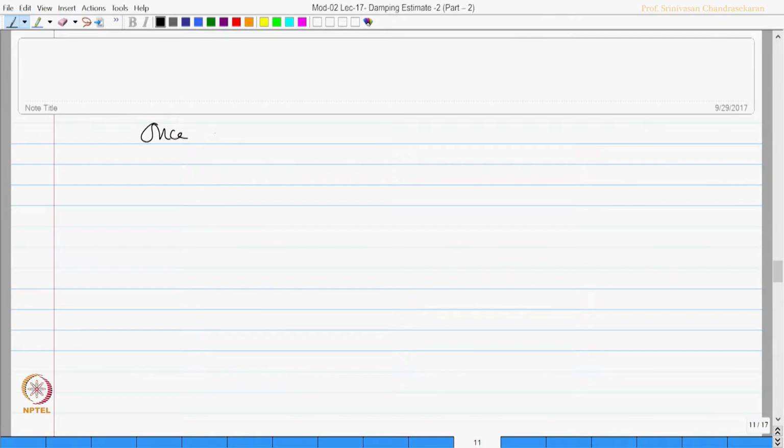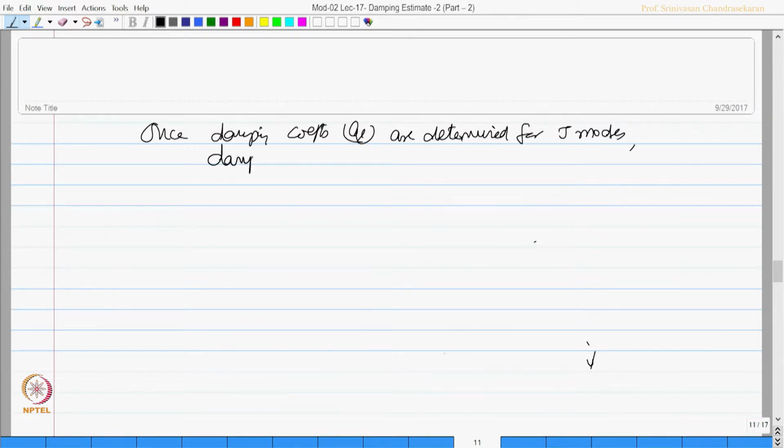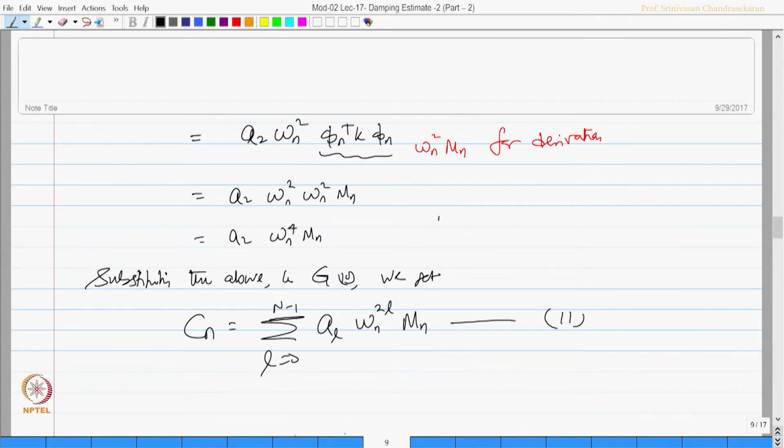Once the damping coefficients A L are determined for J modes, then the damping matrix C is known from equation 11.